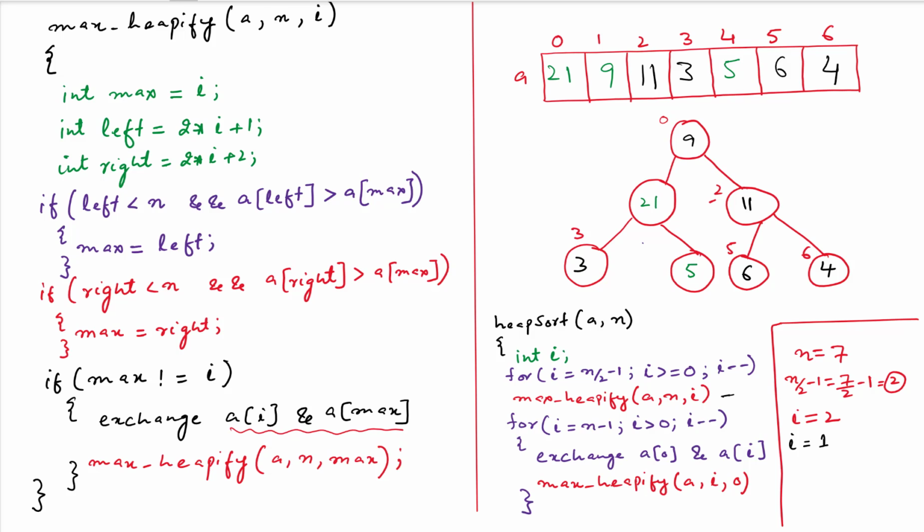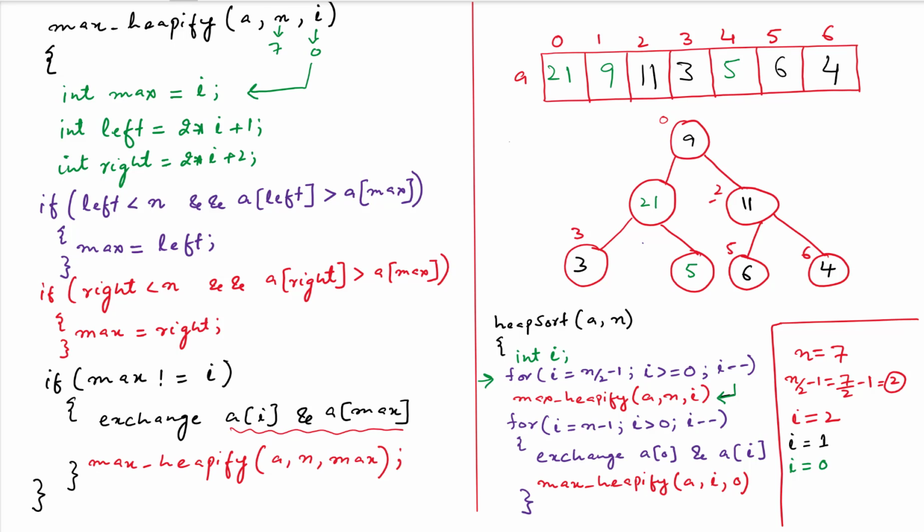Now we come back again to this for loop, and here again I is decremented. Now I will become 0, as I is decremented by 1, and again this Heapify method will be called with a new value of I, that is 0. So here n will be having value 7, and I will be having value 0 this time. This 0 value will be assigned to max.